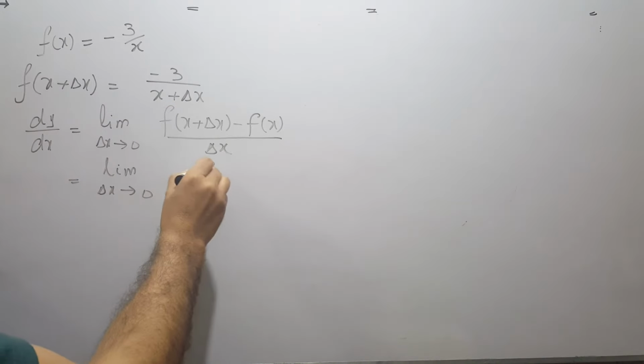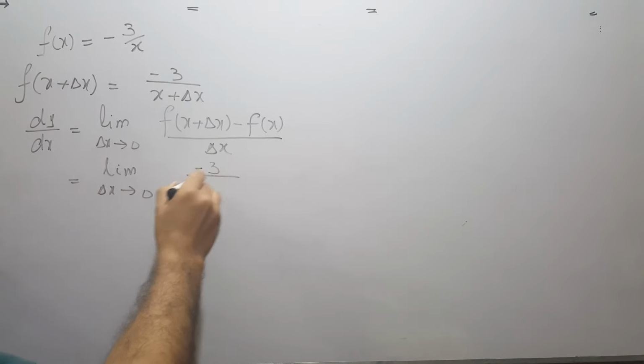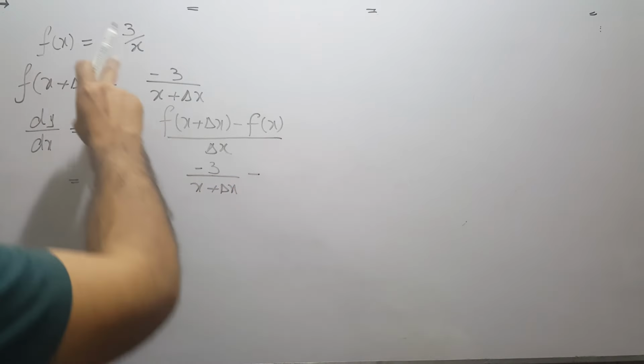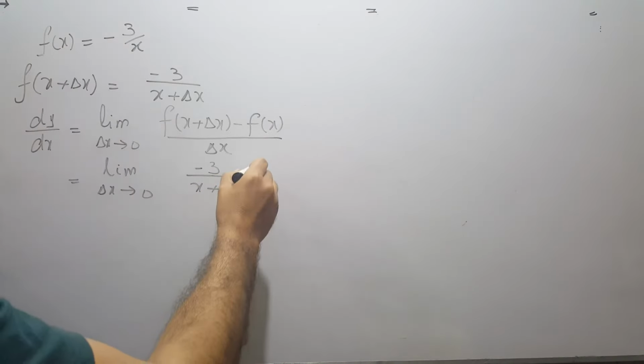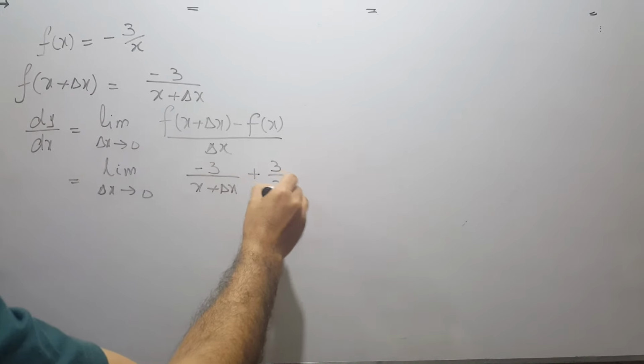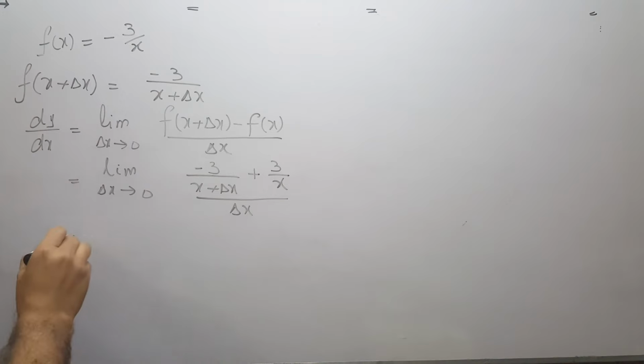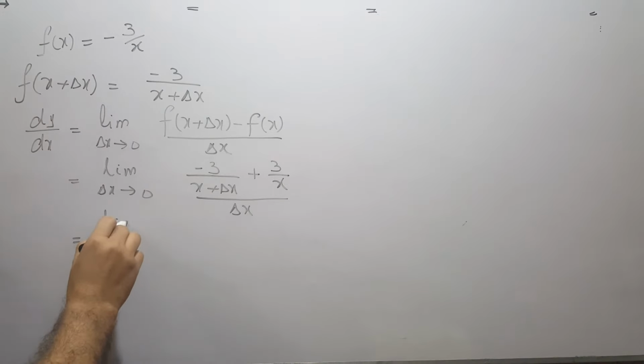For x plus delta x is minus 3, x plus delta x minus, and this is minus, so minus minus becomes plus 3 over x and into delta x. We can simply write this in this form.